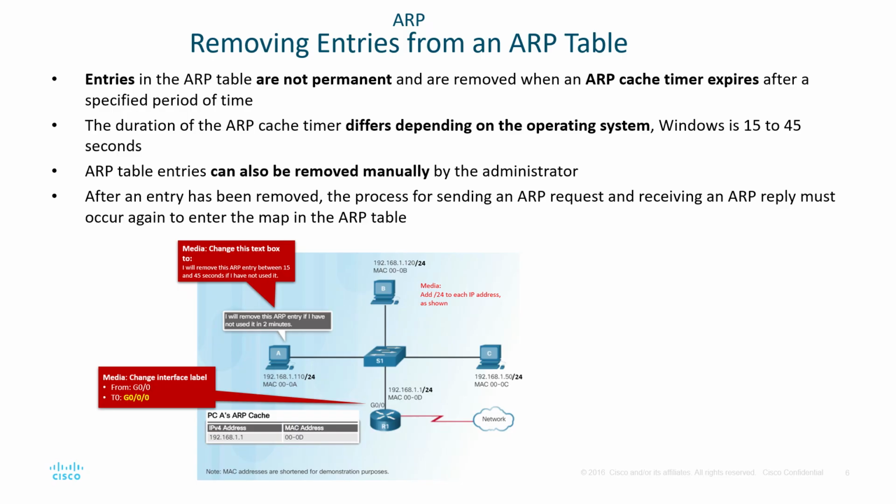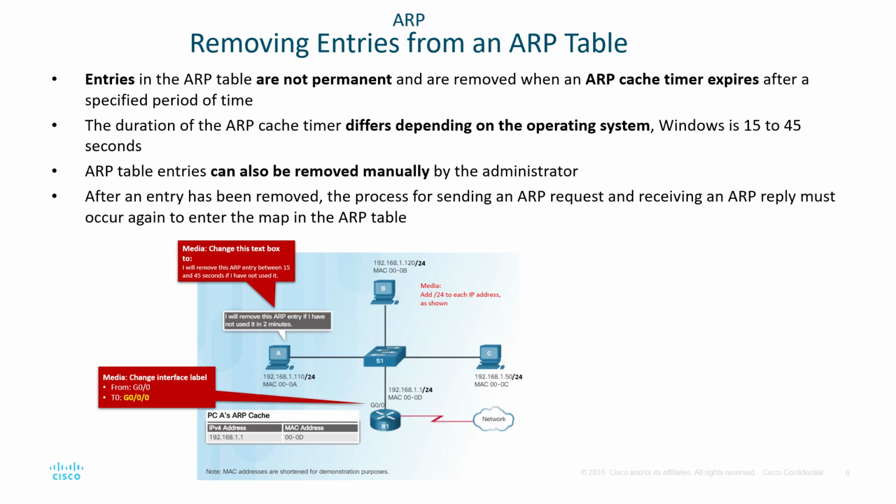Now, entries in that ARP table are not permanent, and they are removed when an ARP cache timer expires after a specified period of time. The particular duration of that ARP cache timer depends on the operating system. As an example, Windows is 15 to 45 seconds. ARP table entries can also be removed manually by the administrator.